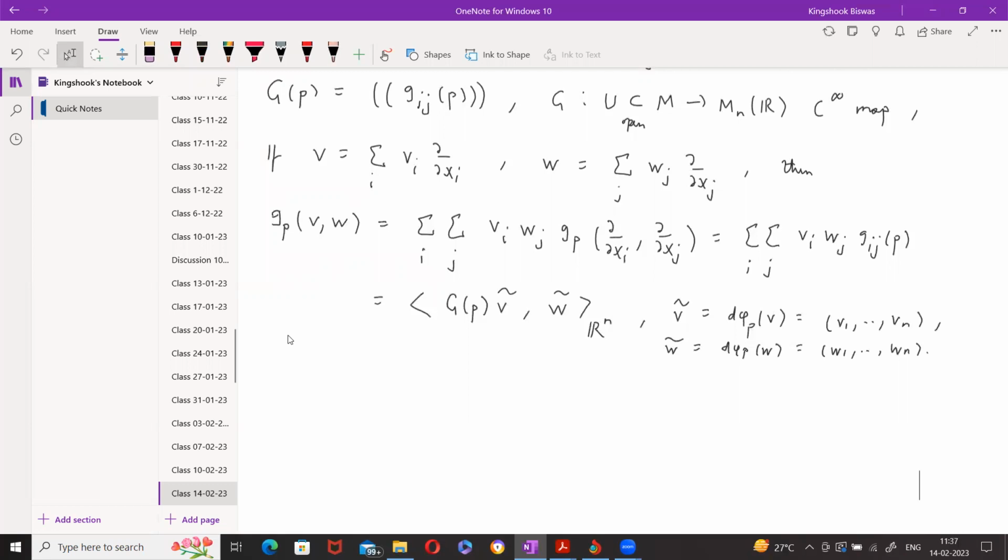So in response to your question, what you see is that the inner product G is not exactly the Euclidean inner product. It is given by a smoothly varying inner product on Rn.